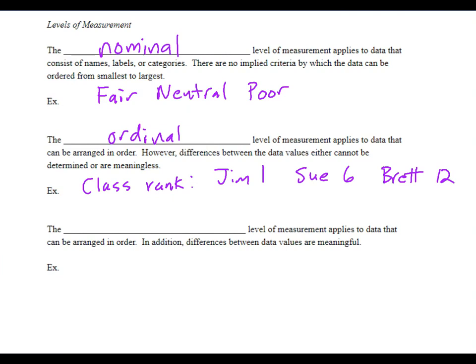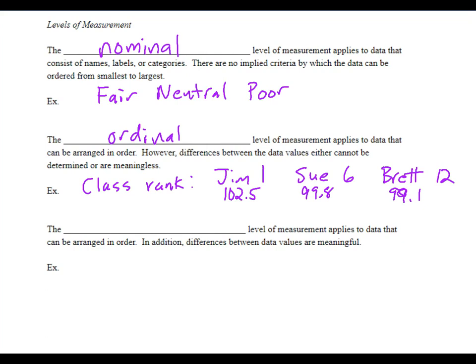So let's say Jim has like a 102.5, and Sue is a 99.8, and then Brett is let's say a 99.1. The difference between Brett and Sue in terms of their class rank is 6, but they're only separated by 0.7 points.